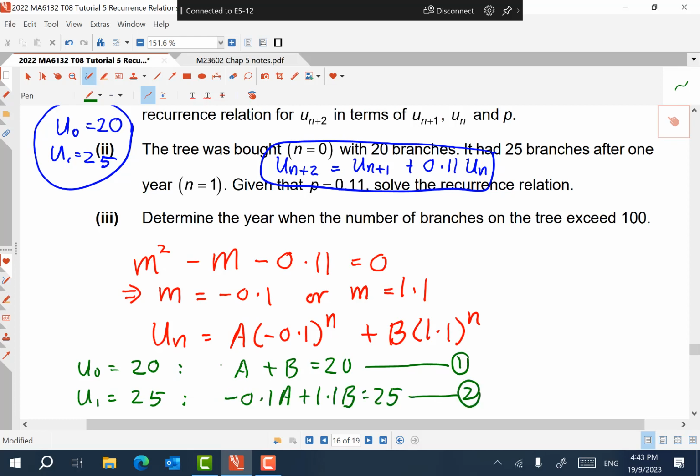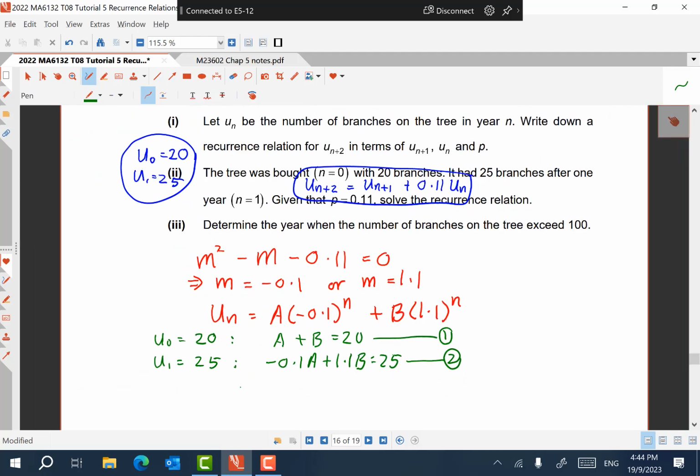Okay, what is left to be done? You just solve them simultaneously, right? So solving them simultaneously, you will get A equals to minus 2.5 and B is equal to 22.5.